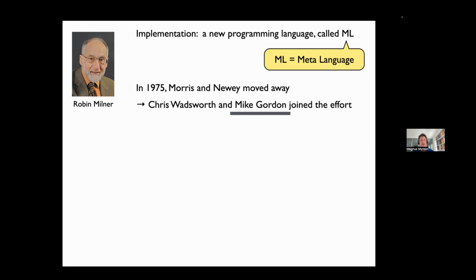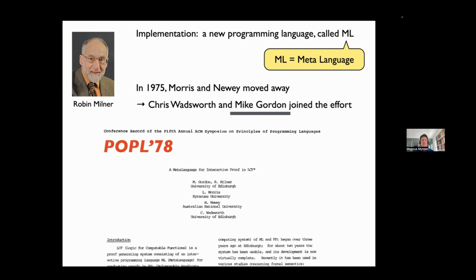In 1975, Morris and Newey moved away, and Chris Wadsworth and Mike Gordon joined the effort. Mike Gordon, by the way, was my PhD supervisor, and they wrote the first paper on the ML programming language, which is a meta language for interactive proof in LCF. That was a POPL paper long ago.